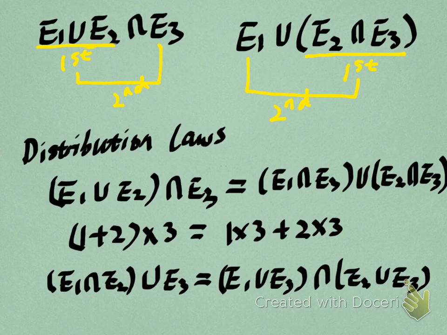And another important rule or law of computation of sets we call De Morgan's law. So what's the meaning of this one? This is not just intersection and union, but now we have one more computation, the complement.